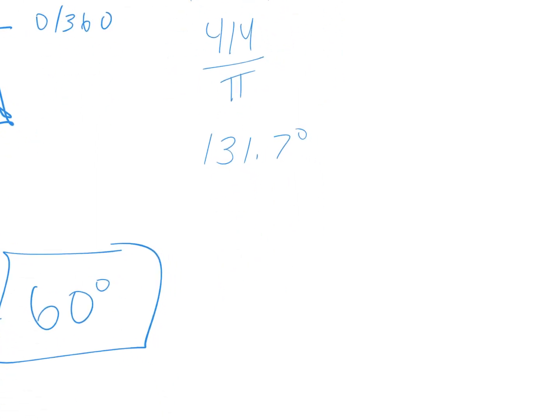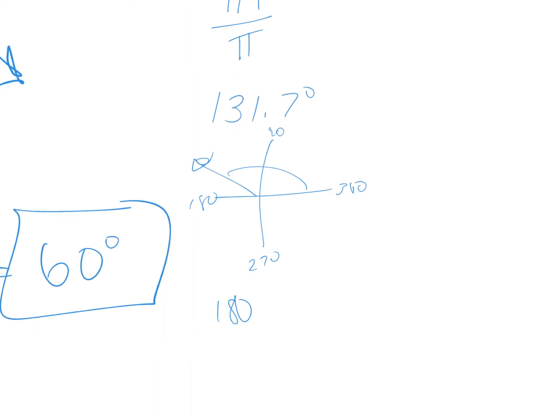But if we were to find the reference angle for this one, where is 131.7? It's in quadrant 2. So what's the rule for quadrant 2? You would say 180 minus 131.7 and get your answer. Okay, that makes sense?